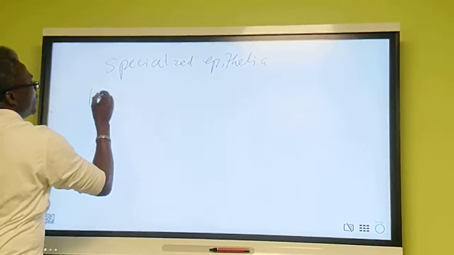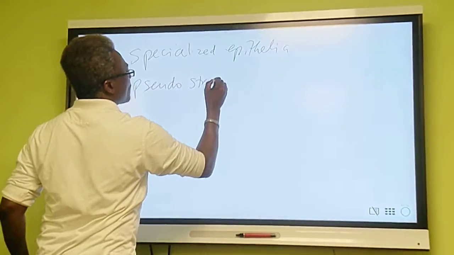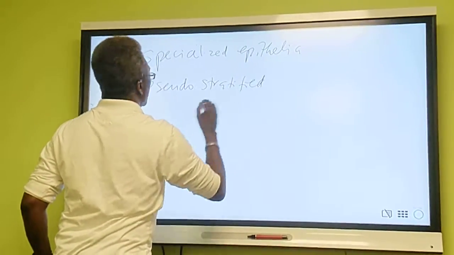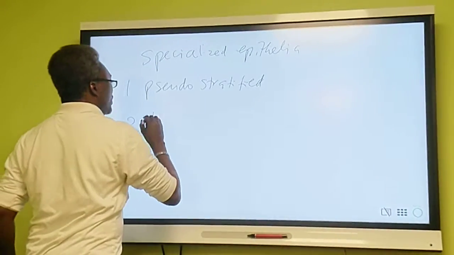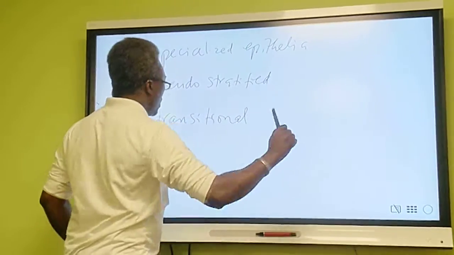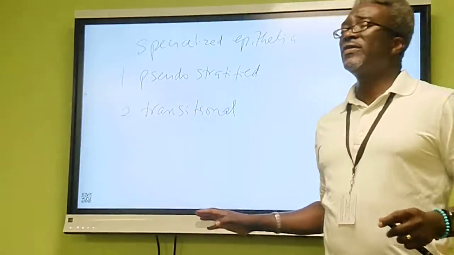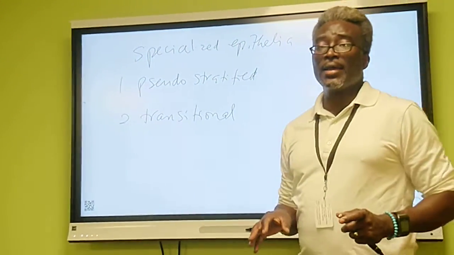We have one, pseudostratified. Two, transitional. Alright, pseudostratified, it occurs in the respiratory system outside of the alveoli.